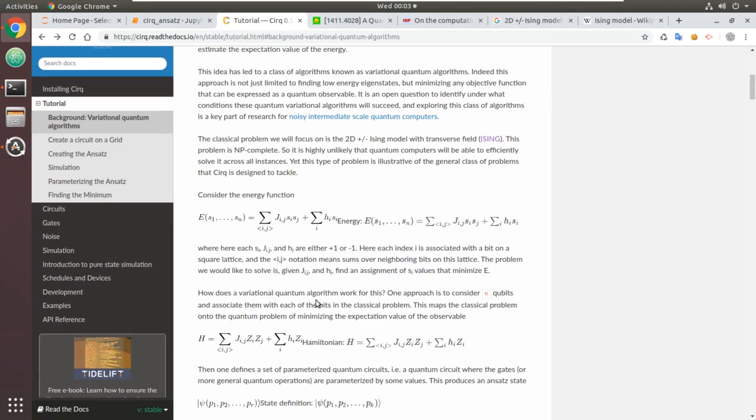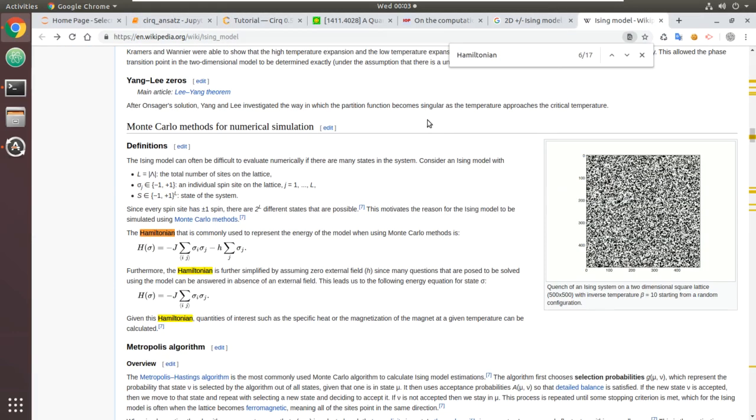But why is it that you're given a J and H? So okay, H is the external field.